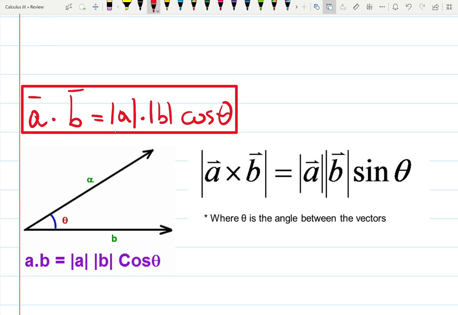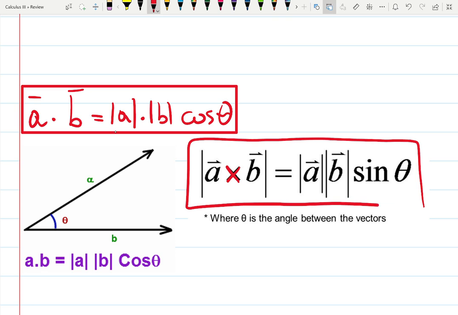And then from here, you solve for cosine theta and then you solve for theta. Or we perform a cross product. Magnitude of the cross product of A times B equals, again, magnitude of A times magnitude of B times sine theta. And you solve for sine theta and then you solve for theta.